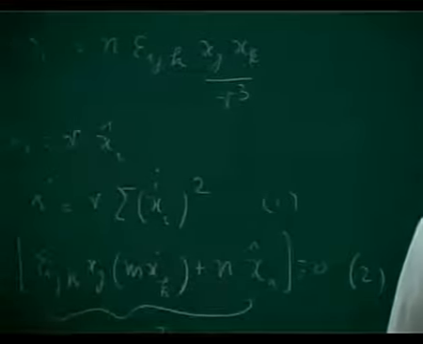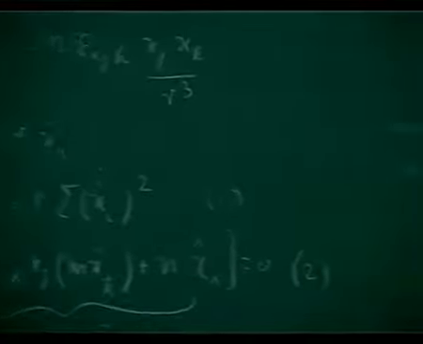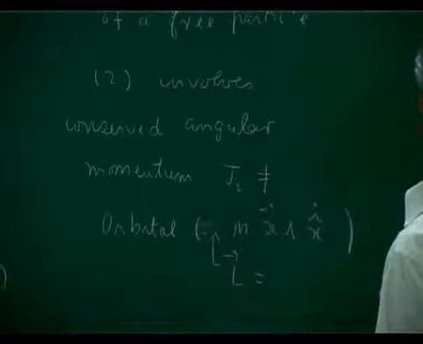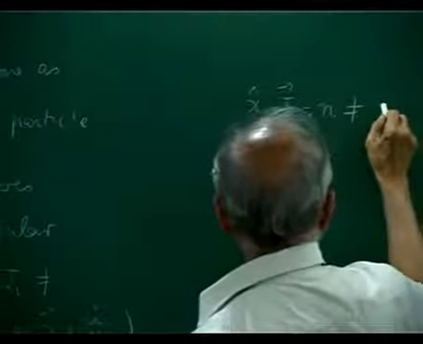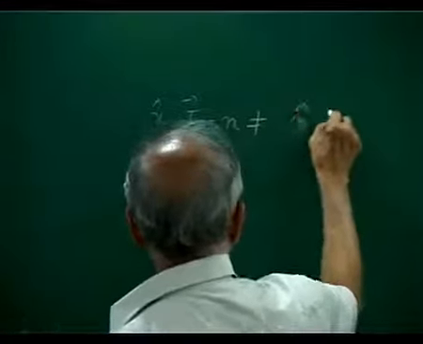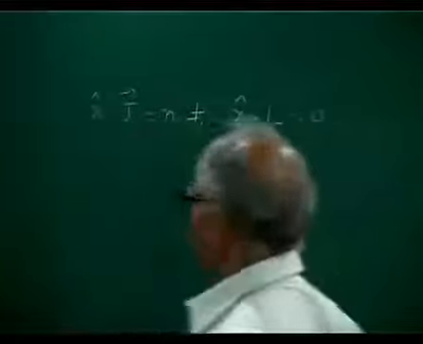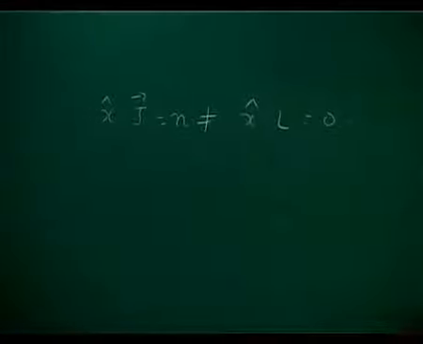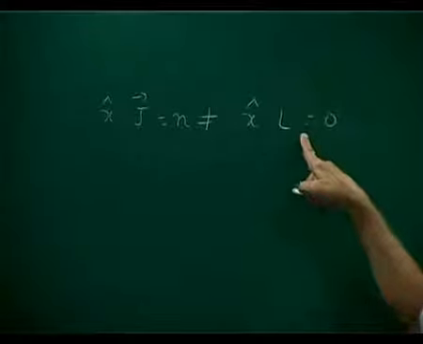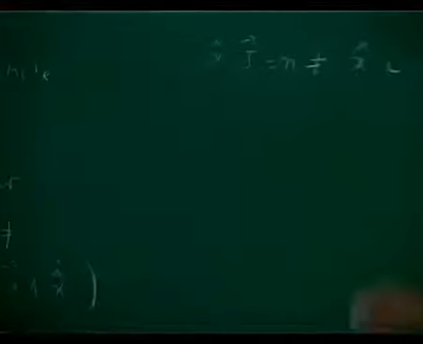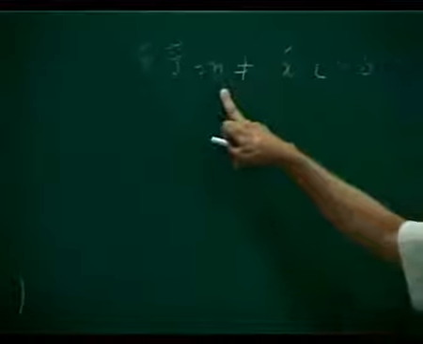In particular, what is interesting is x hat dot J is n, which is not equal to x hat dot L, which is 0. In the orbital case, this equation is an identity, correct, but here it is not the case, there is an n here.